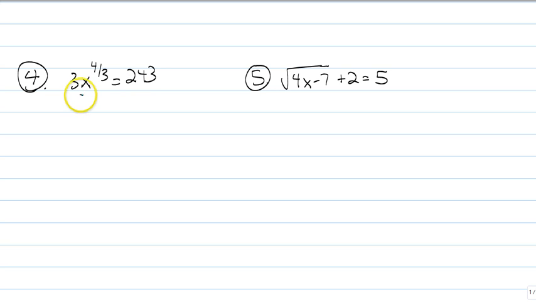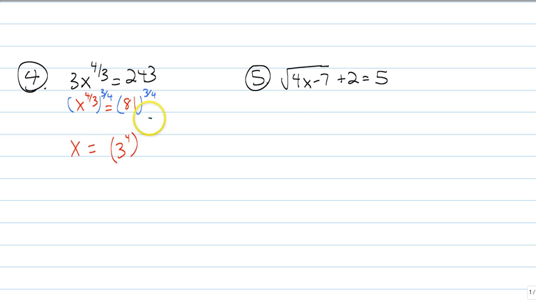Number 4, divide by 3. And you get 81. Raise the reciprocal power. So we raise both sides to the 3/4. Okay. And again, you can either do this with the calculator or work it by hand. x equals, well, 81 is the same thing as 3 to the 4th.